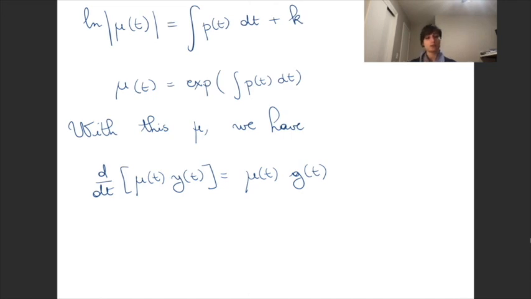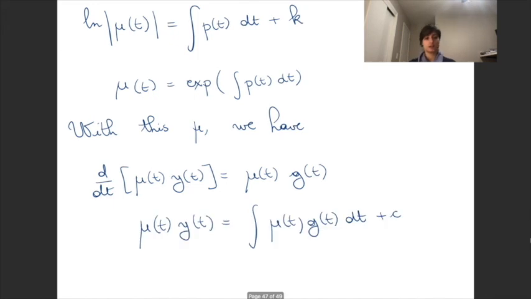With this mu, then going back, we have that the derivative with respect to t of mu times y is equal to mu times g. So integrating both sides, we have that mu times y is equal to the integral of mu times g with respect to t plus a constant that is given by the integration.